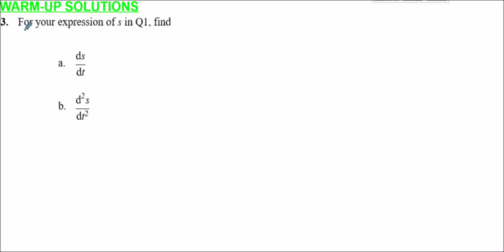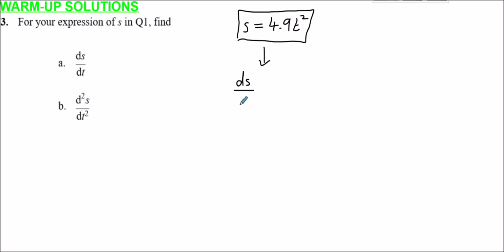In a similar way for question 3, the expression of displacement in question 1, which I can remind us we had s equals 4.9 t squared. Based off of that, we're going to differentiate s with respect to time for part A. So using this, if we differentiate it with respect to time, ds by dt, the power of t drops by 1, and the old power comes to the front and multiplies the coefficient.